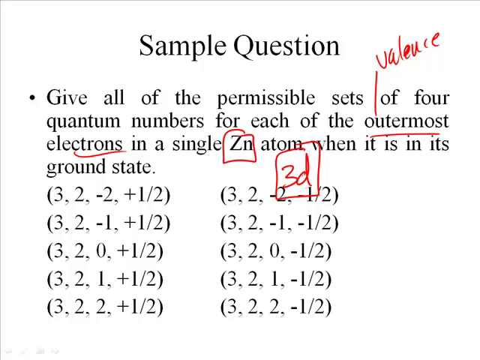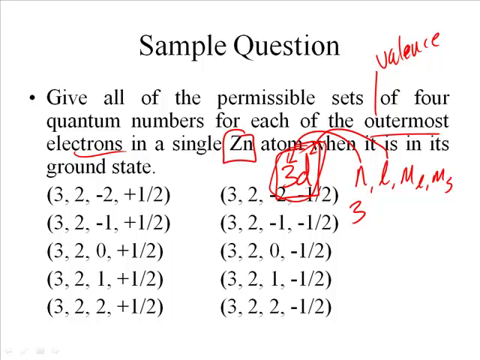And those electrons are in the 3d orbital. So when they say the 4 quantum numbers, that means n, l, m sub l, and m sub s. So a set of possible quantum numbers is n, remember, is this number right here. So n is always 3.